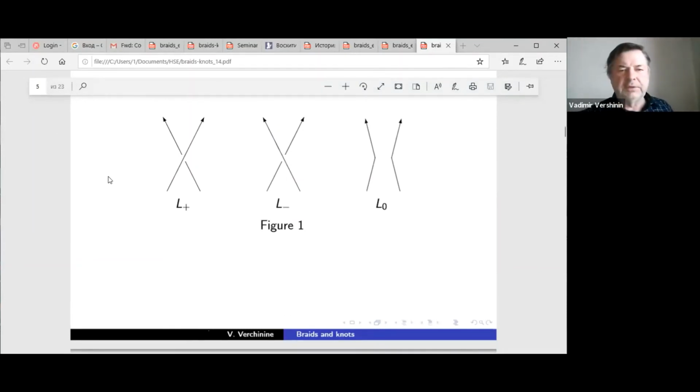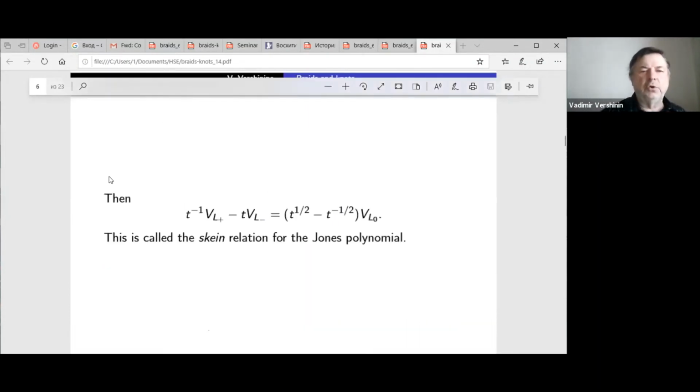So we consider them, and this is the Jones skein relation. So you see that this is different.